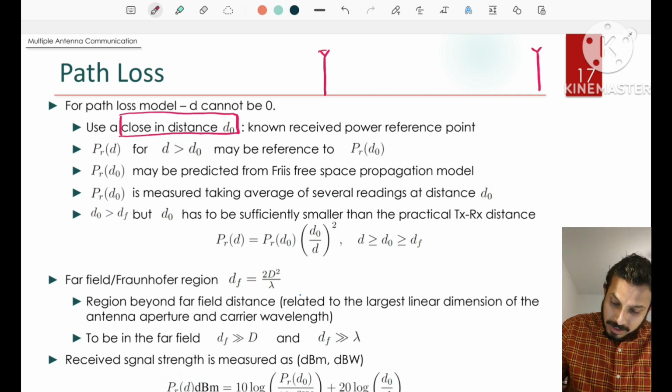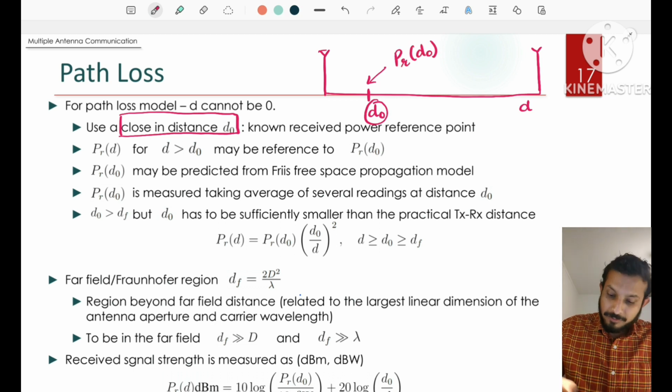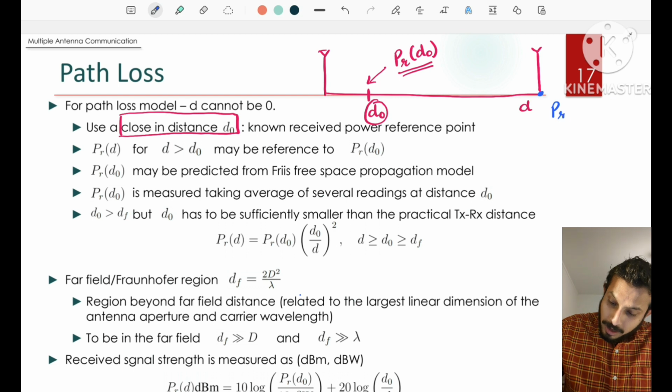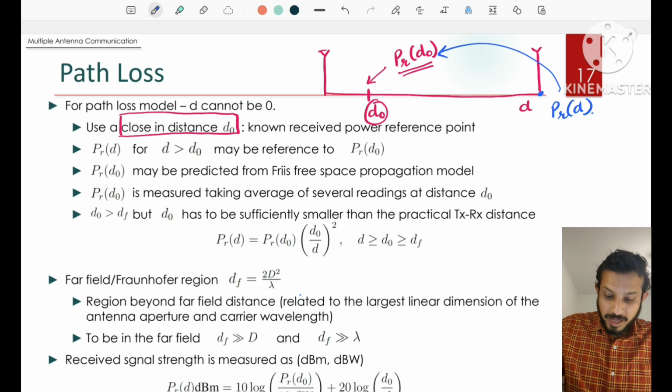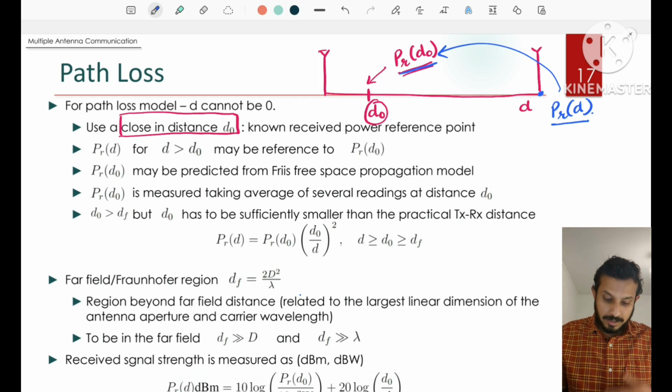The distance between the transmitter and receiver is d, and we take a close-in distance d naught. And the received power at the close-in distance is Pr(d naught), which must be known a priori. Once Pr(d naught) is known, we can reference Pr at d to Pr(d naught), that is, we can calculate Pr(d) by just scaling the distances d and d naught.